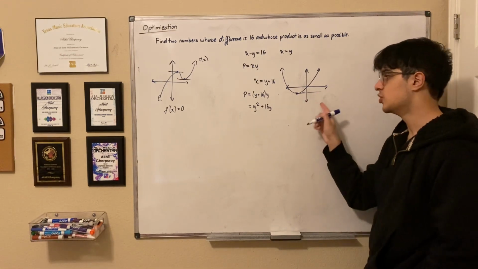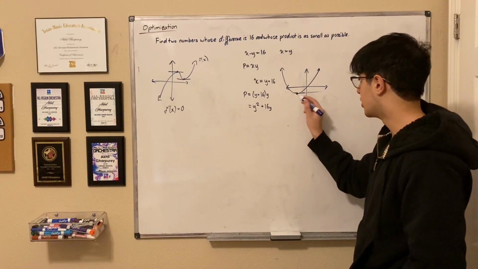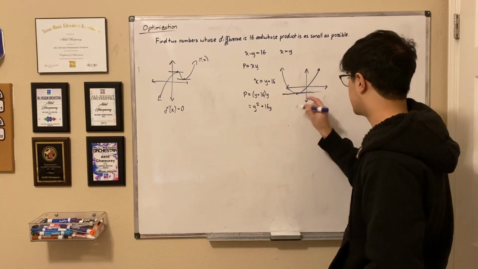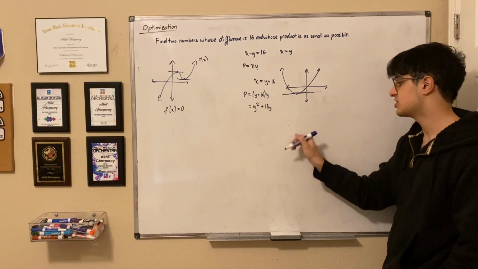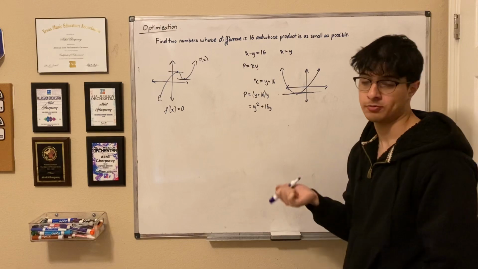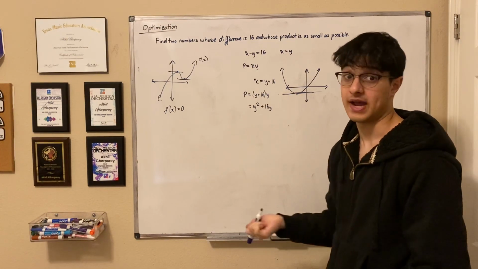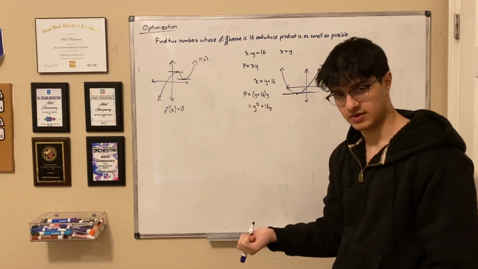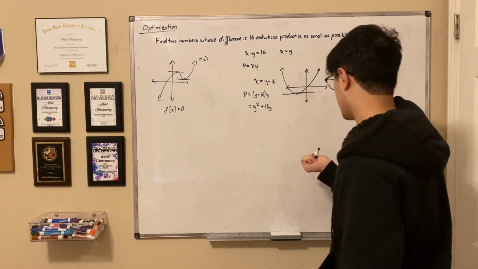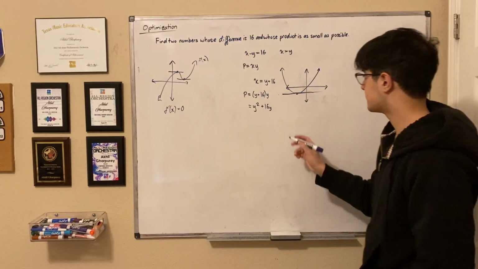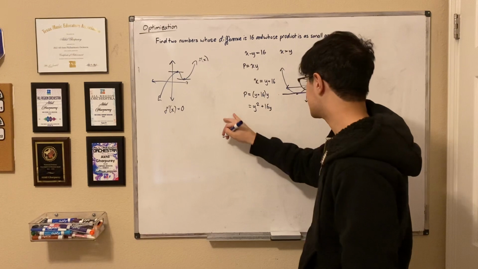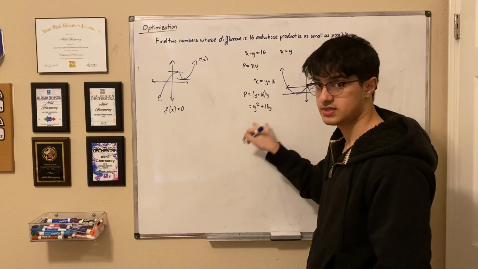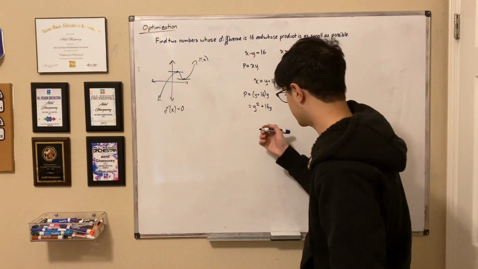And again, the way we do that is we notice that at this minimum point right here, the tangent line is horizontal, or the slope of the tangent line, or for IB students, the gradient of the tangent is 0. So what we can do is take the derivative of p, set that equal to 0, and we'll get our y value. So let's do it.